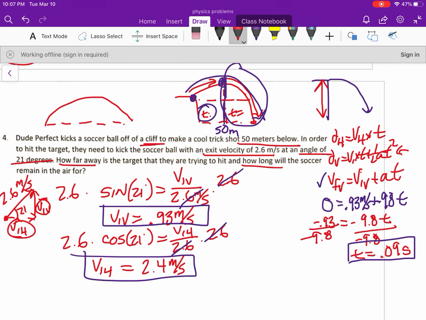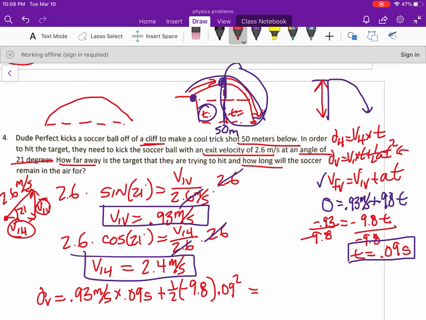So the way I'm going to do that is I'm going to use this equation to solve for my distance vertical. So my distance vertical is equal to my vertical initial velocity, which is 0.93 meters per second, times the time that it takes to get to that top point, which we just calculated as 0.09 seconds, plus 1/2 my acceleration, which again needs to be a negative 9.8 meters per second squared, times my time, which is 0.09 squared.